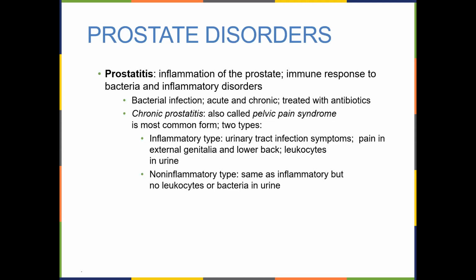It causes lower back pain. The genitalia hurt. There are white cells in the urine. It can be both inflammatory or non-inflammatory. Your patient will present with a lot of pain in their pelvis. It'll hurt to pee, and their testes hurt, and it's probably going to be prostatitis.